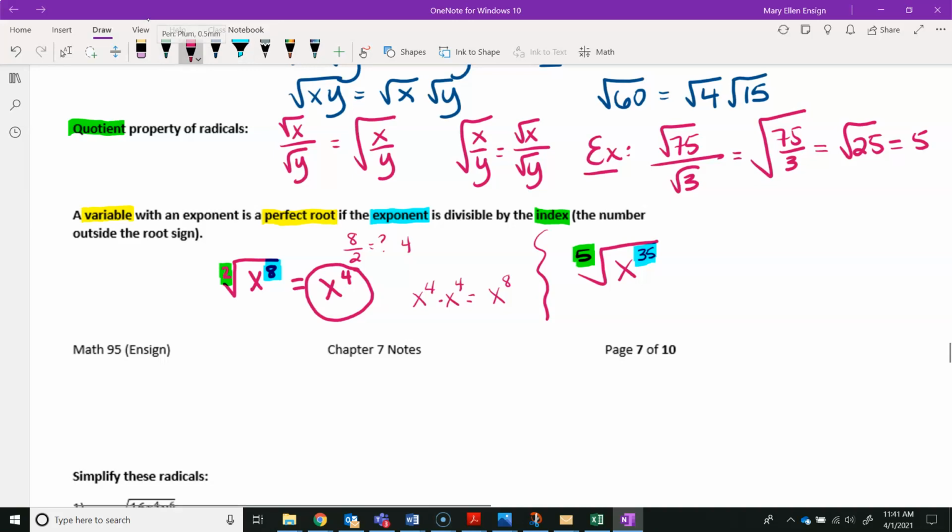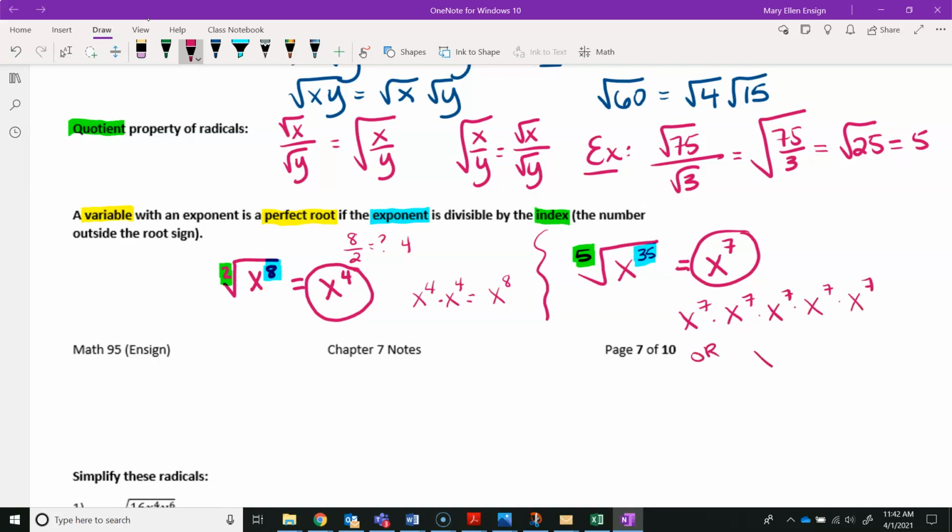I can. So because I can divide it, that means I can get an answer for this. And whatever the answer is when I divide is going to be my new exponent. And again, if you think about this, if I had x to the 7th multiplied by itself 5 times, or if I had x to the 7th raised to the 5th power, either way, those give me x to the 35th.